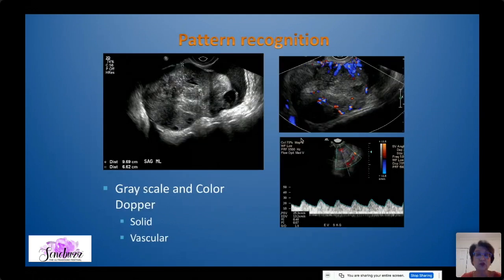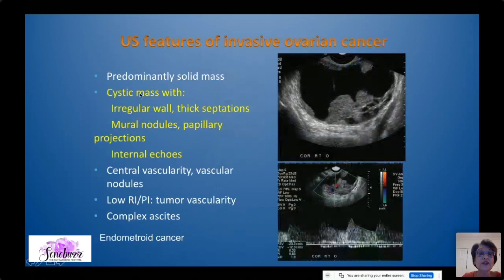So again, in the simple rules, lesions that are very likely to be malignant are those that are solid and have vascularity, especially disorganized vascularity, or if they're cystic.